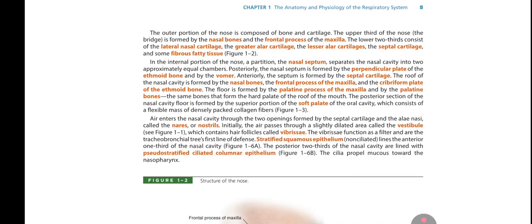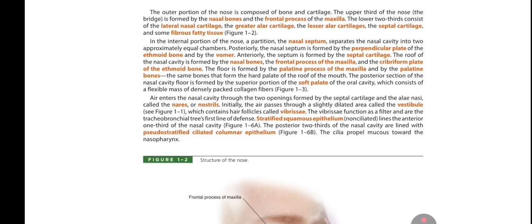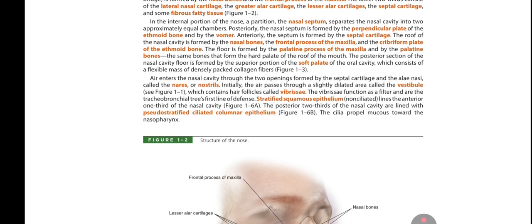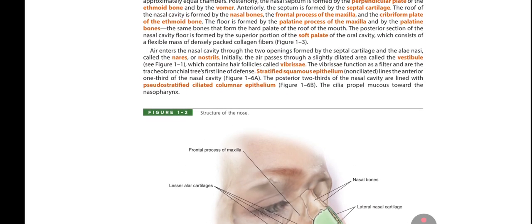So, the structure of the nose. The air enters the nasal cavity through two openings formed by our septal cartilage, the part dividing the left and right nostrils.